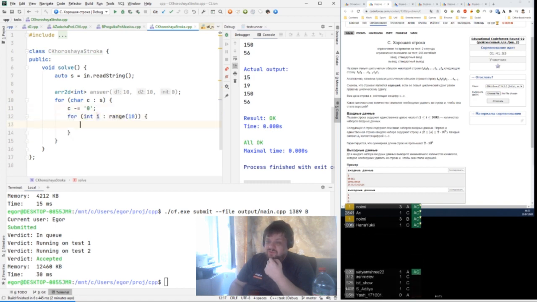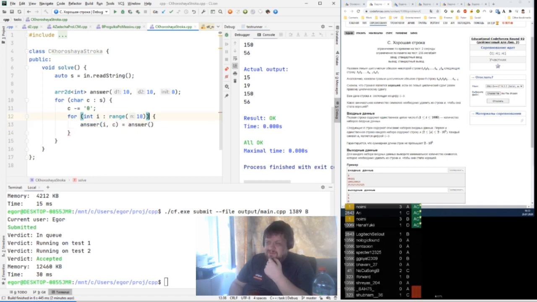The solution would have complexity 10 times n, as you can see here.